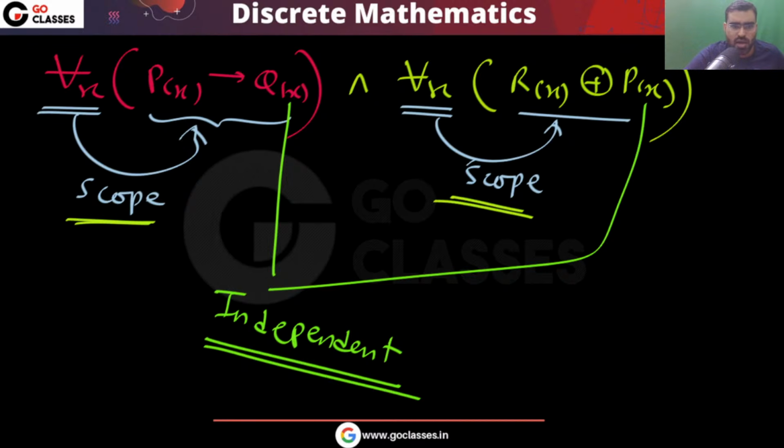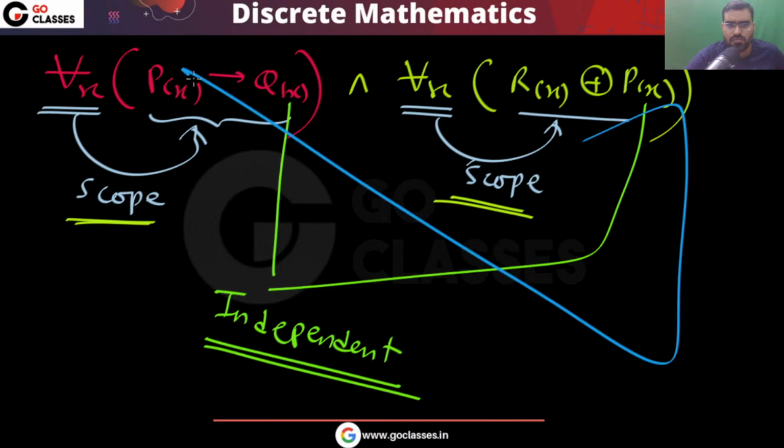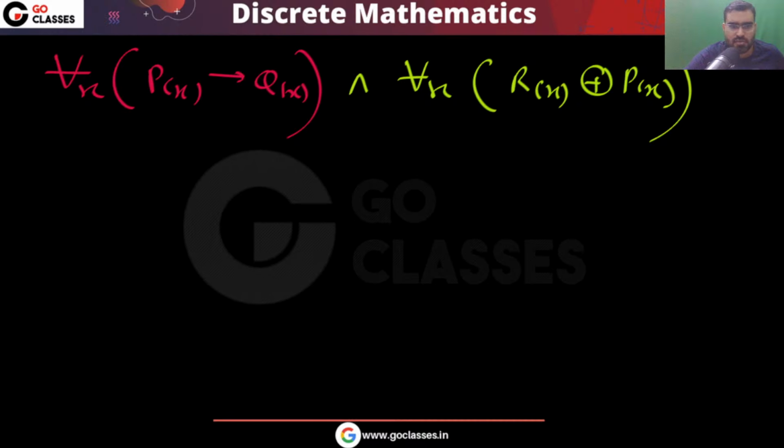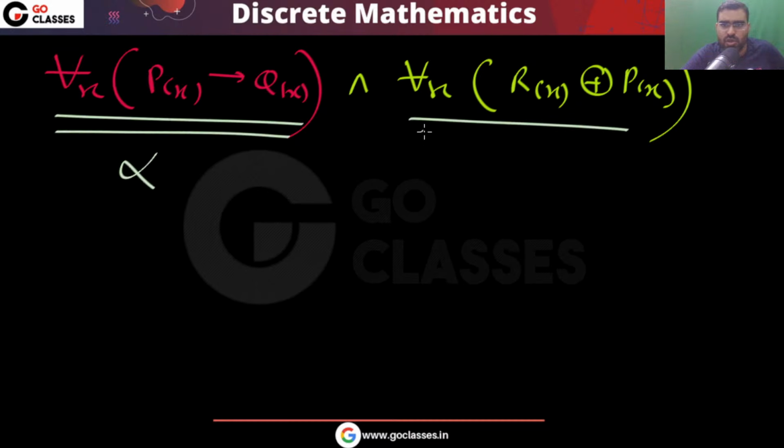Now, how to handle this? If you have this, how to solve it? You can clearly see, you can treat this as alpha and this as beta.